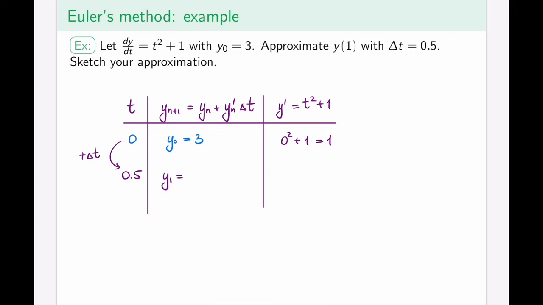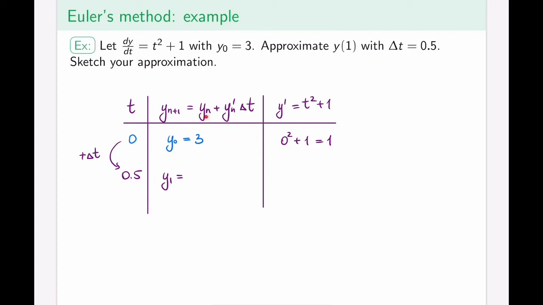Now, what I'm going to be computing here is y1, my first approximation. I'm going to be using all the information from the previous row to plug into this formula to produce the next value for y. So I'm going to be using this formula, but with all the information from the row above the one that I'm currently filling out.